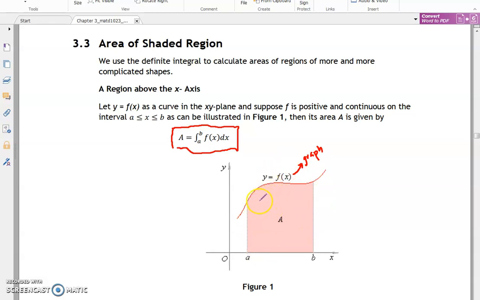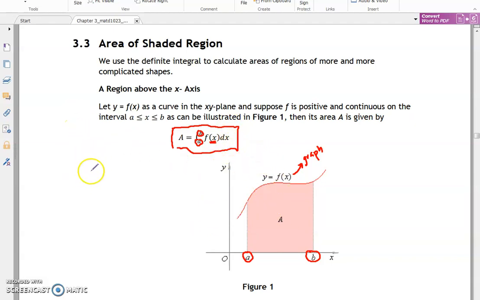In order to do that, we are going to find two values, a and b, which refer to the limits of your integral. And this is the value of your function with respect to x. So you are going to use this formula.